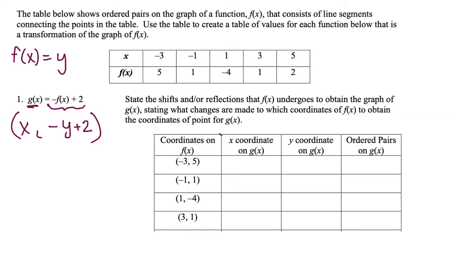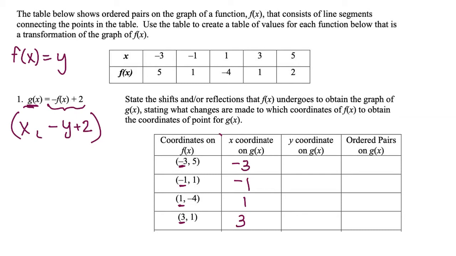Well, for x, notice they're not really giving us anything for x. So for each one of these x coordinates on f of x, it's going to be the same x coordinate on g of x. And again, I know that because here's the translation they gave us. g of x is equal to negative f of x plus 2. So they didn't give us any transformation involving x.